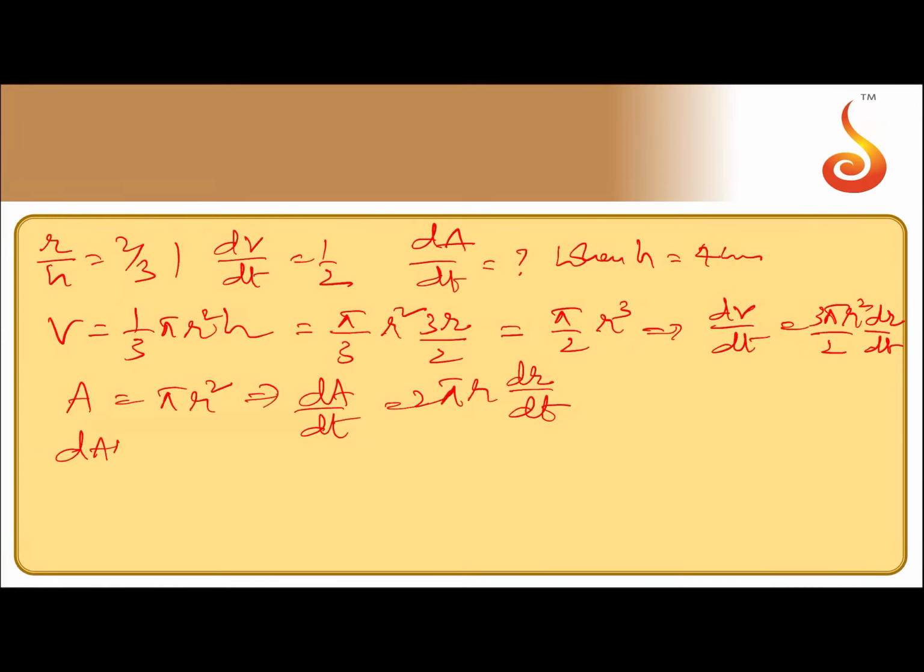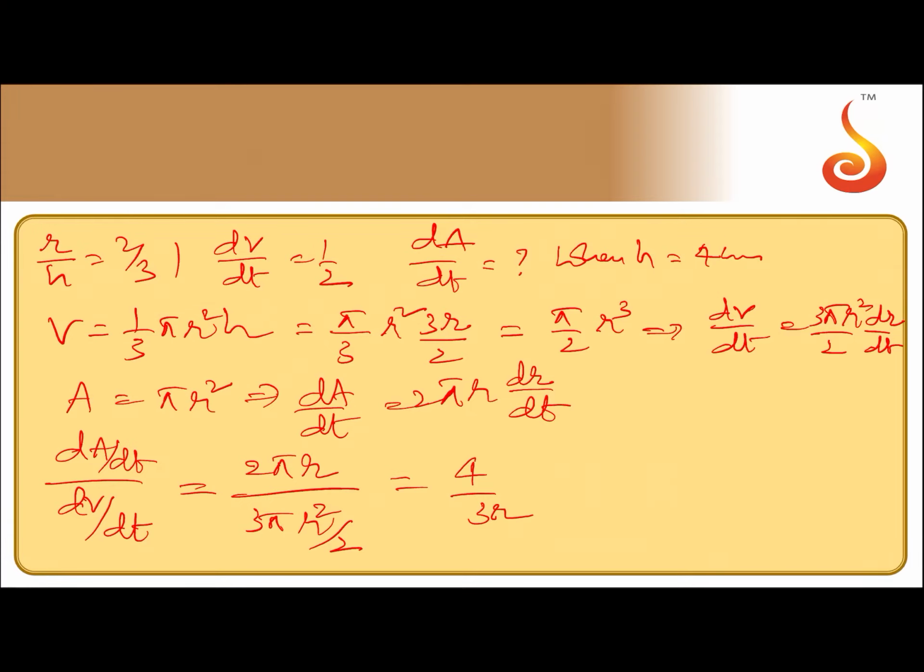And the ratio of these two: dA by dt divided by dV by dt. So 2 pi r dr by dt gets cancelled, leaving 3 pi r square by 2, and that is equal to 4 by 3r.